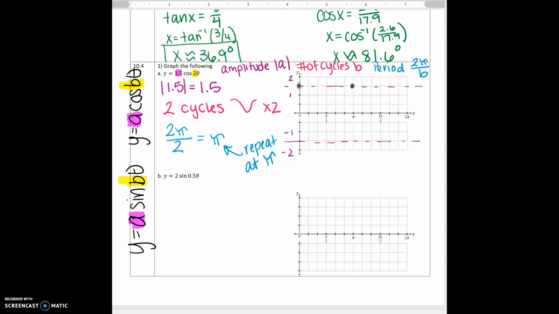Gonna change these markers really quick. It's not quite working out. There we go. And then directly in the middle of these 2 points is our lowest point, which is at negative 1.5. So again, I just did this point, and this point.